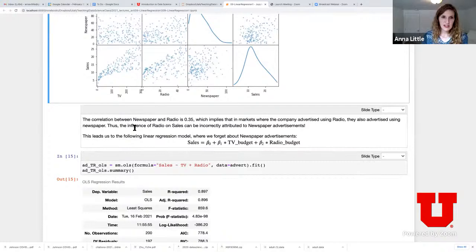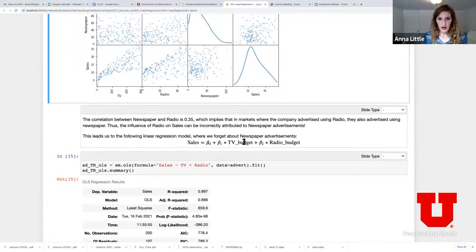Right, so the influence of radio on sales can be incorrectly attributed to newspaper advertisement. Okay, so basically going through this process, we can see that since the newspaper's not really contributing anything, we should take it out because we want as simple a model as possible that still is a good predictor for the data.